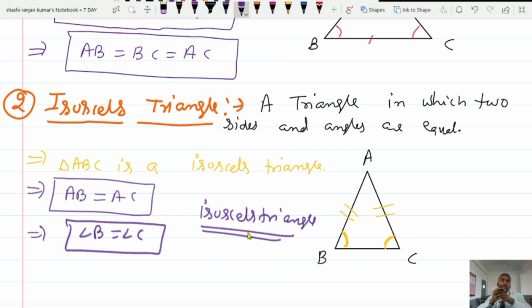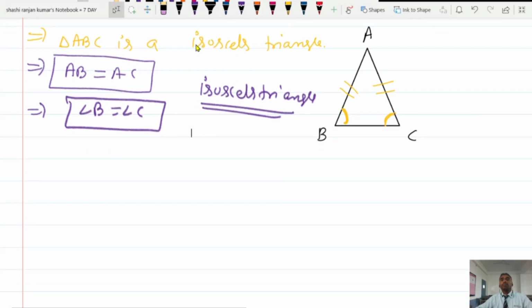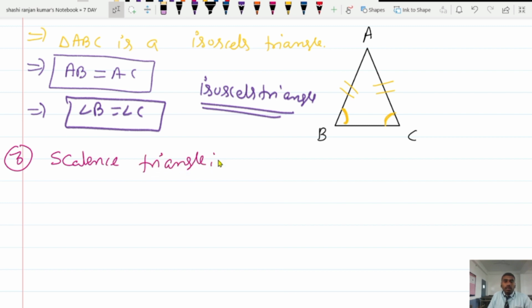So the first type of triangle is equilateral, second is isosceles, and third is scalene. Let us discuss the scalene triangle. What is a scalene triangle actually?